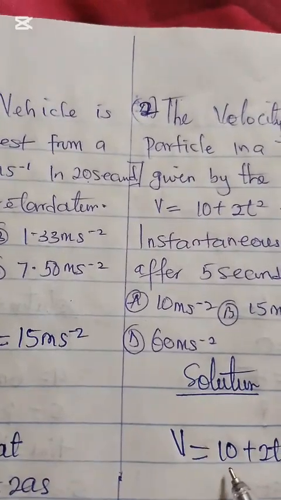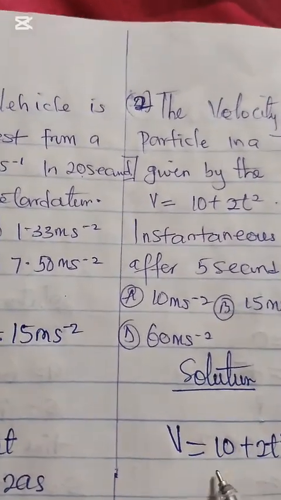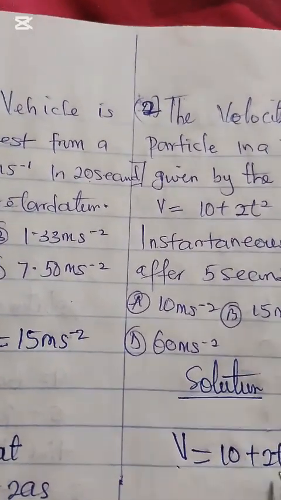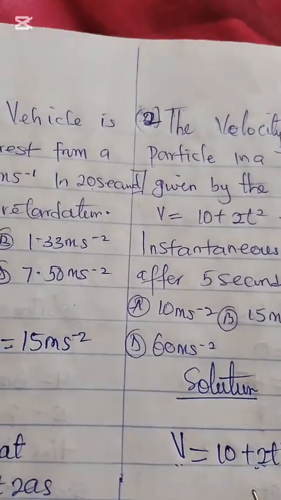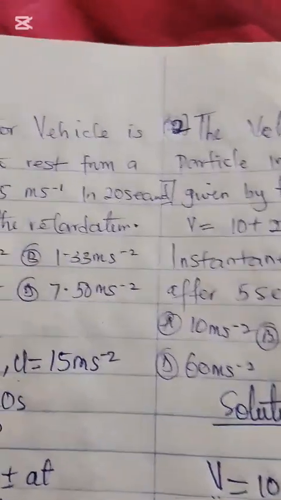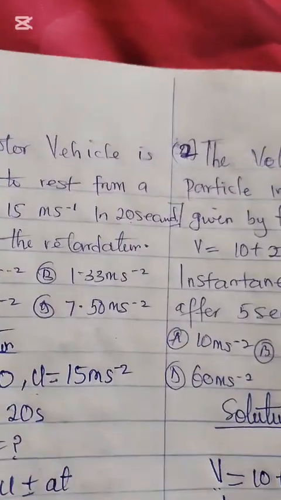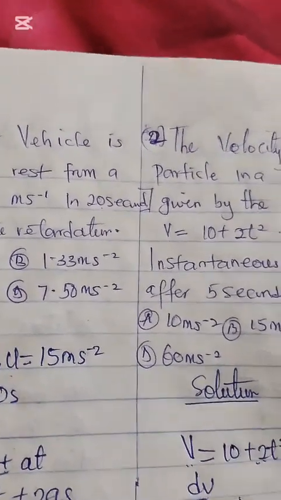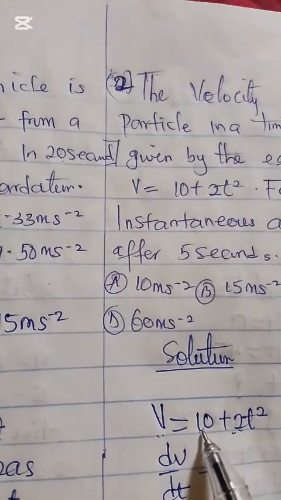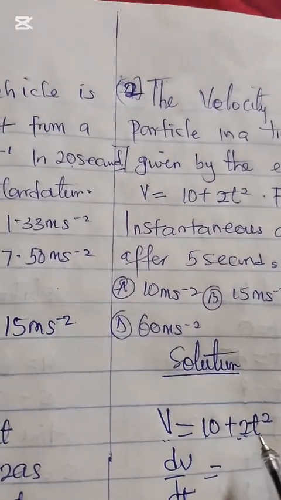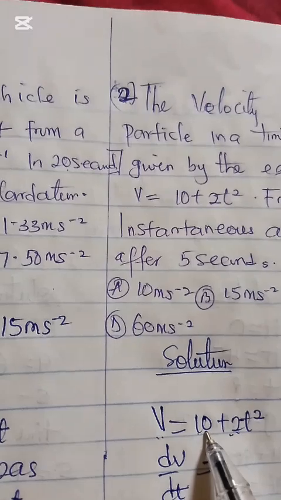What we do here is to use differential calculus. We differentiate v with respect to t to get the acceleration. So velocity over time will give us acceleration. So how do I do this? dv over dt is equal to, if I differentiate a constant, what is a constant? A constant is a number, or a number without a variable is known as a constant.